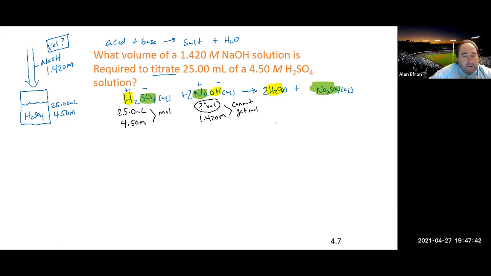So we're going to treat it like a basic stoichiometry problem, which means the first thing we did was balance the equation. The second thing we want to do is convert to moles. In this case, the only thing we can convert to moles is our sulfuric acid. This is the case we were talking about earlier, towards the end of lecture, when the question was what do I mean by standalone.